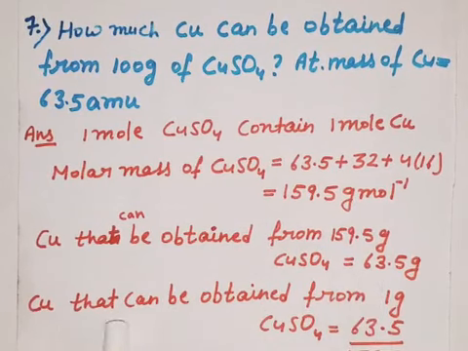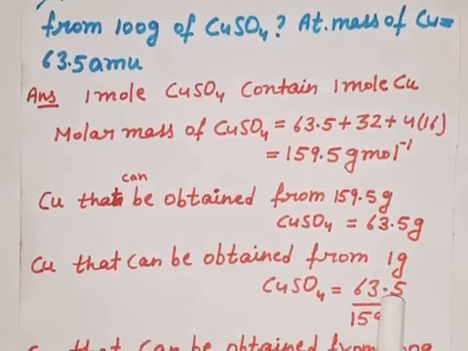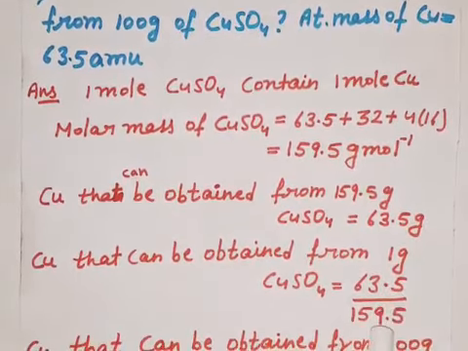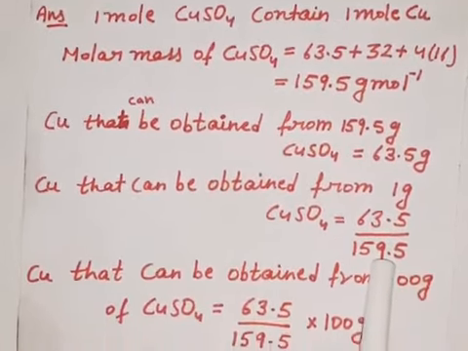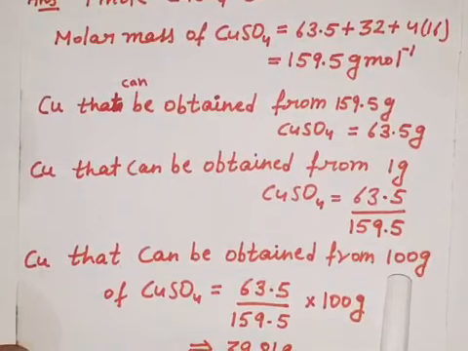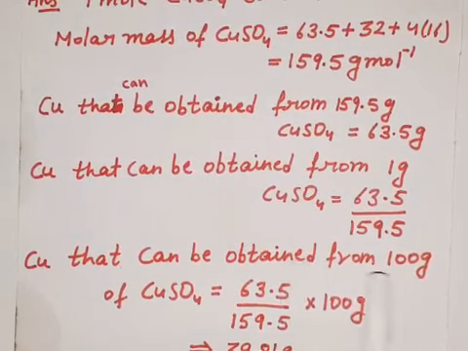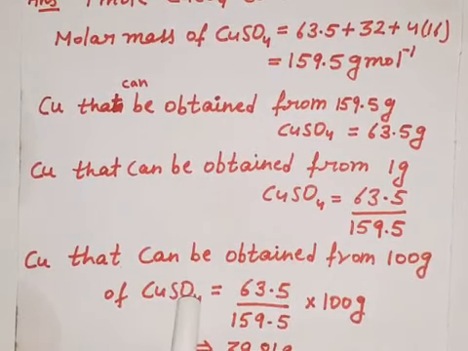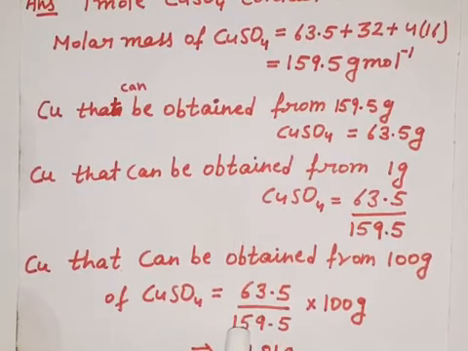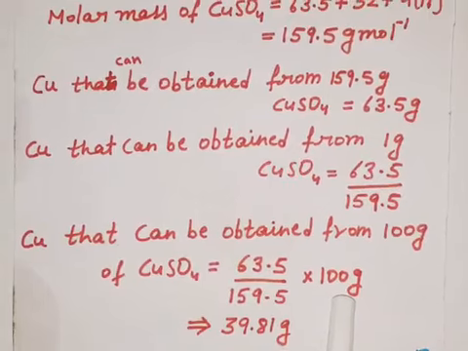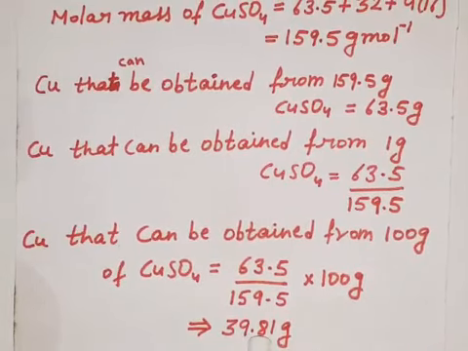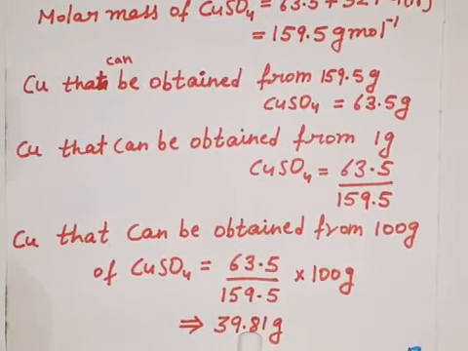Now the copper that can be obtained from 1 gram of copper sulfate will be 63.5 divided by 159.5, and we have to find how much copper can be obtained from 100 gram of copper sulfate. So 63.5 divided by 159.5 into 100 gram comes out equal to 39.81 gram. So this is the answer.